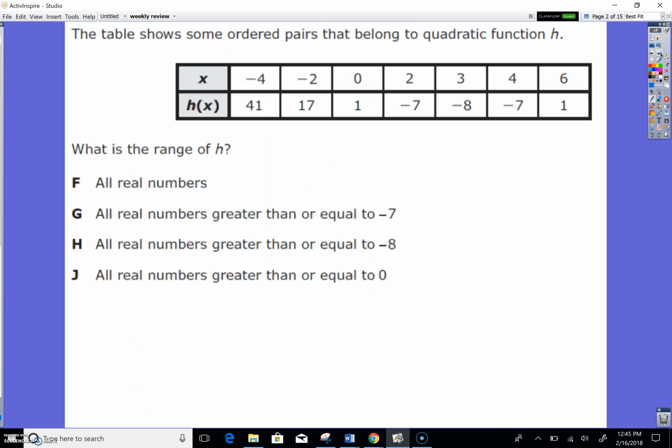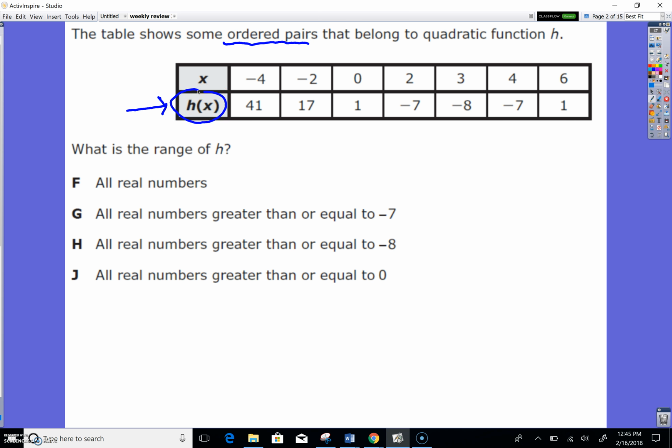Number 2, the table shows some ordered pairs that belong to a quadratic function, okay? Remember, it's some ordered pairs, it's not all of them. So, what is the range of h? Remember, for the range we look at our y value, which is the same thing as h of x.